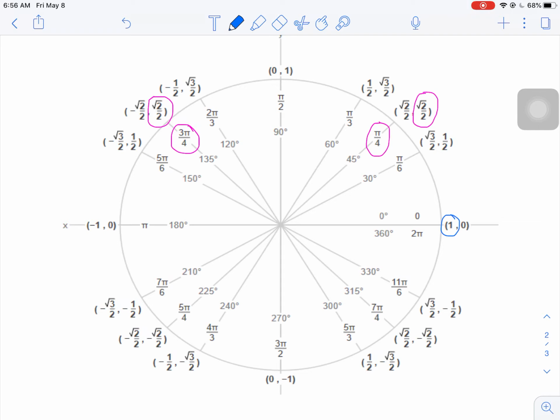There are actually 2 radian measurements that match up with this spot: 0 radians and 2 pi radians. So we need both of those answers. Let me glance around the unit circle real quick and make sure there are no other x values of 1. Nope, that's it. Because over here, this is -1. So that doesn't work. All right, so 0 and 2 pi.